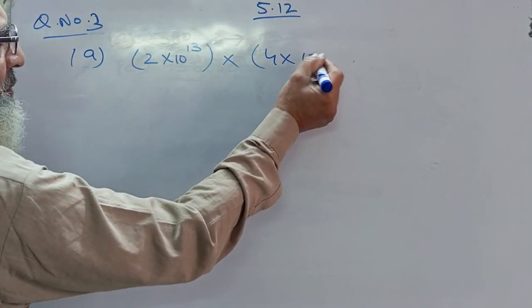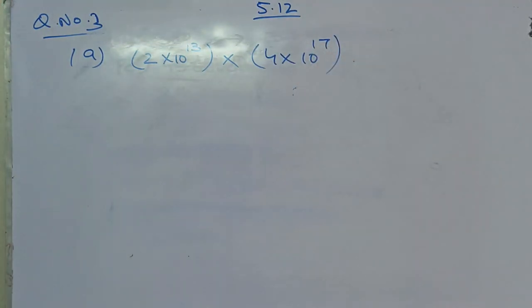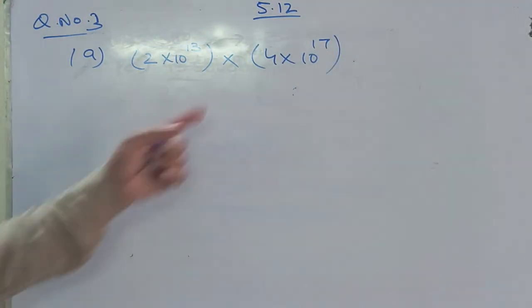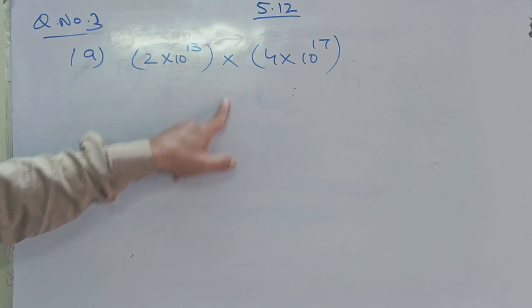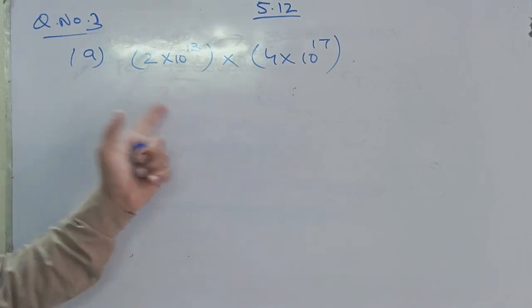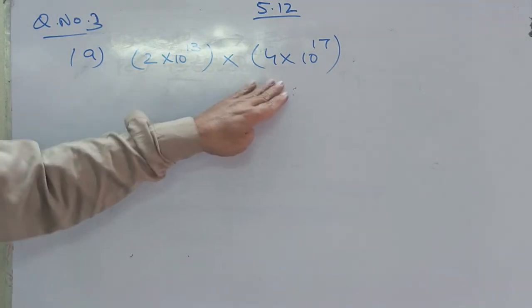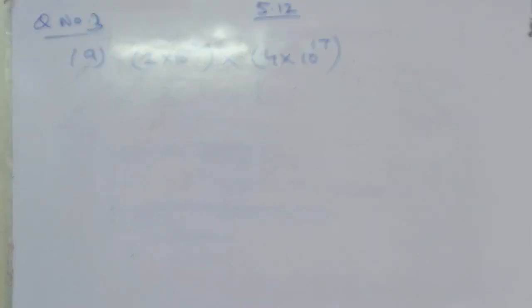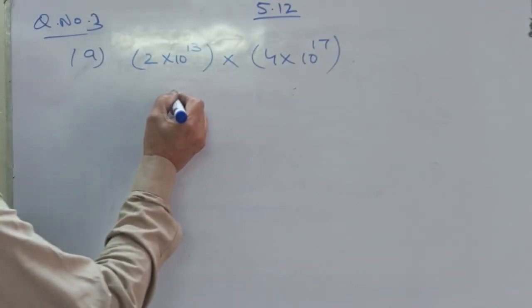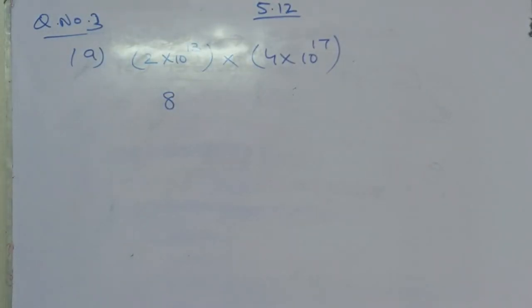It is a very, very easy question, since there is multiplication or division. When there is multiplication and division in between the two notations, then you can carry direct multiplication. 2 4 times is how much? 8.